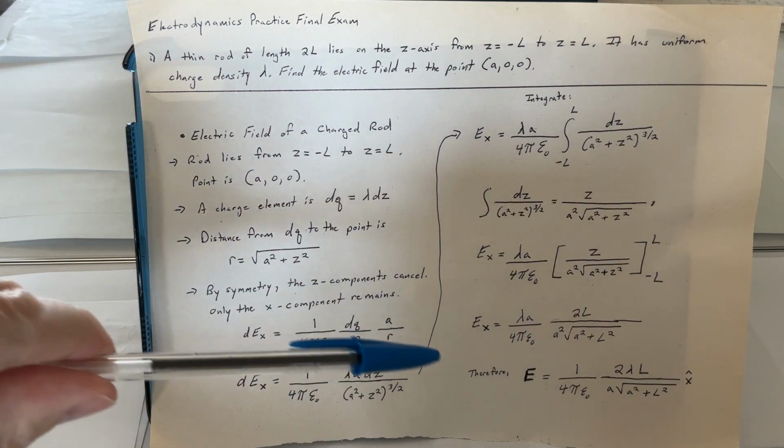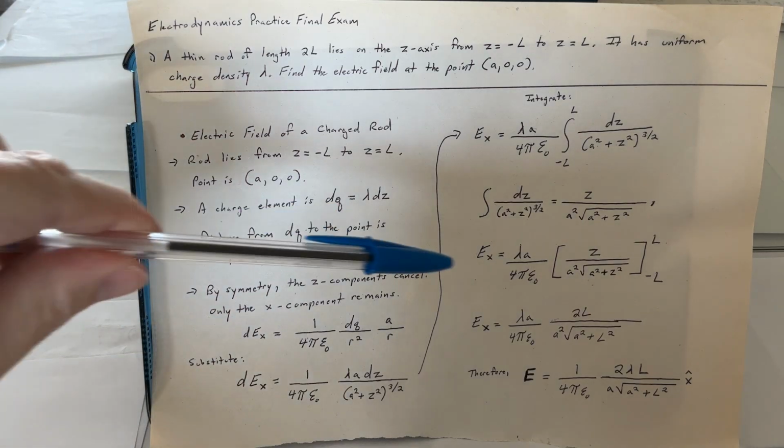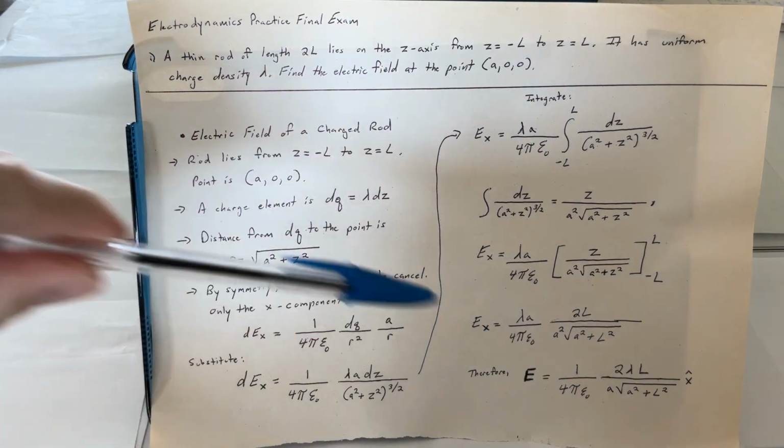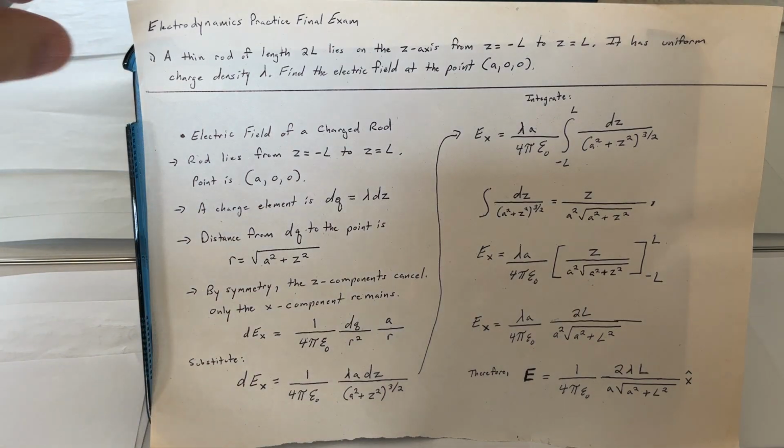So therefore, the electric field is 1 over 4 pi times the permittivity of free space times 2 lambda L over a times the square root of a squared plus L squared, times x hat. Okay, so that takes care of number one.